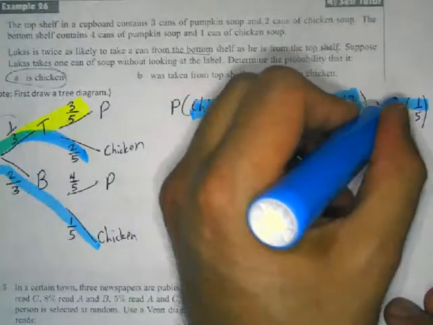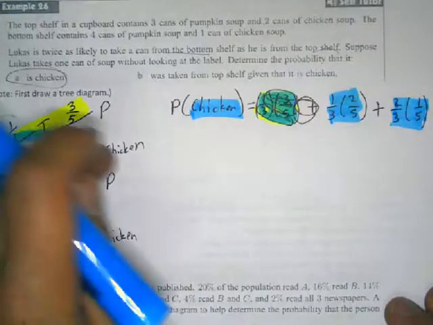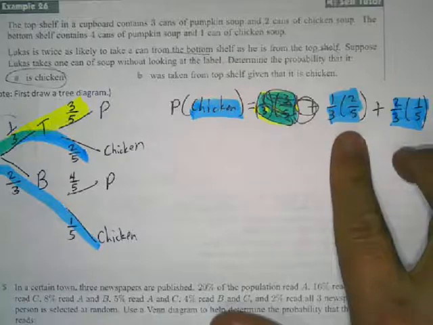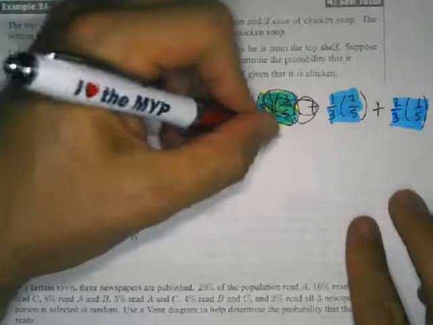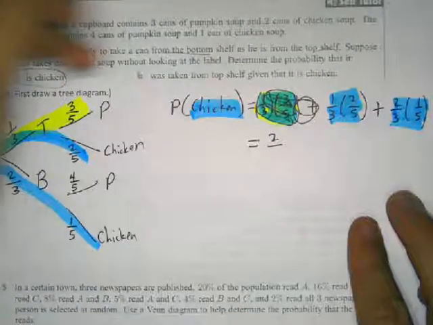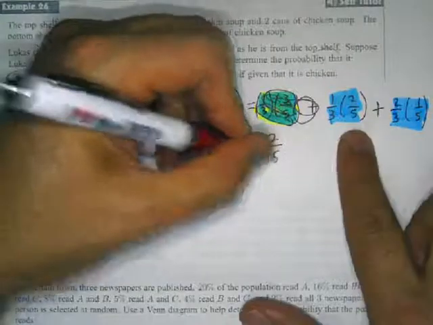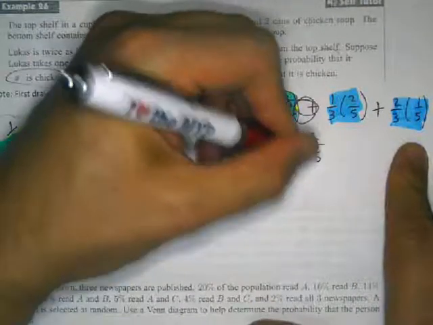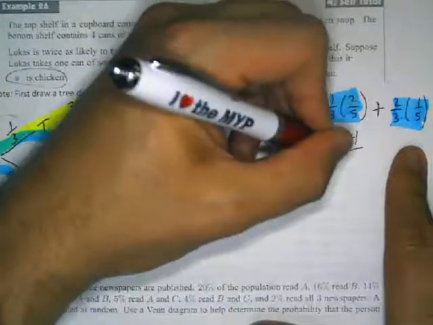And if I have my top shelf chicken and my bottom shelf chicken, together that's going to add up to the probability of getting chicken. So this is 2/15, this is 2/15, together adds up to 4/15.